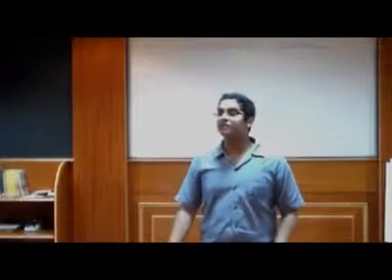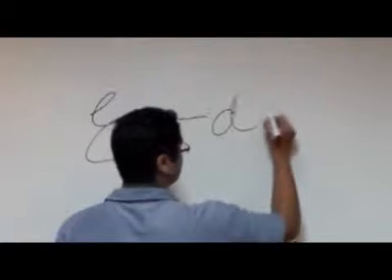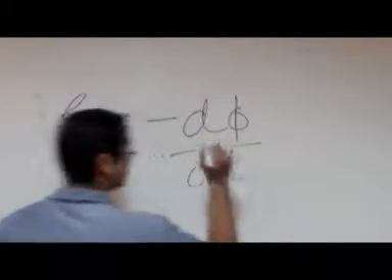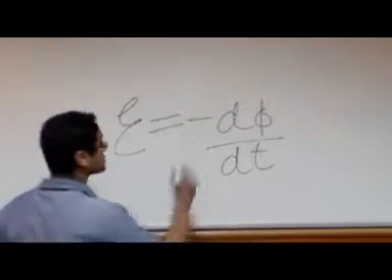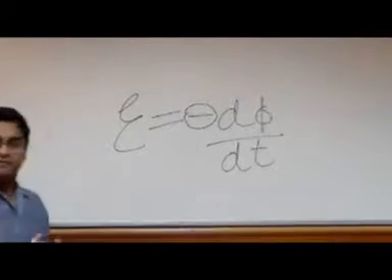Now let us show that via a mathematical equation. E, which is the EMF produced, is equal to minus d phi by dt, that is the rate of change of magnetic flux. The negative sign indicates that the EMF produced always opposes the rate of change of magnetic flux.